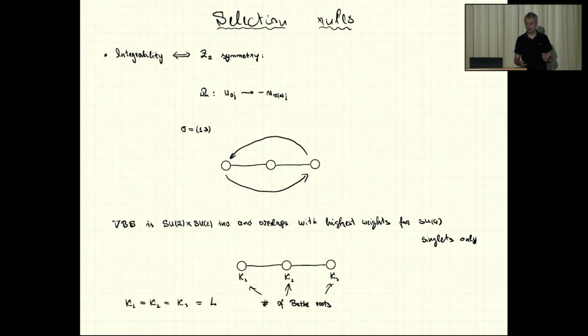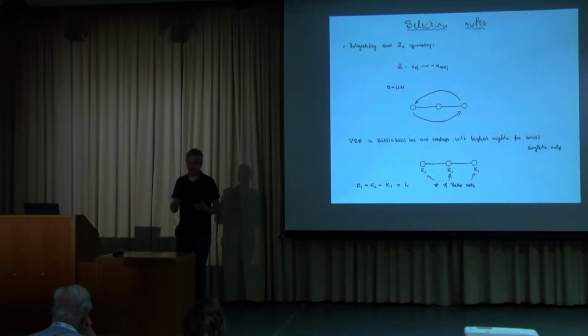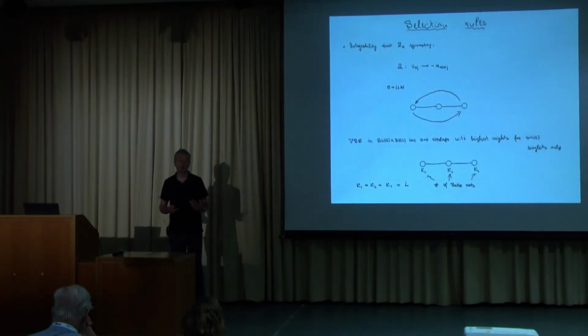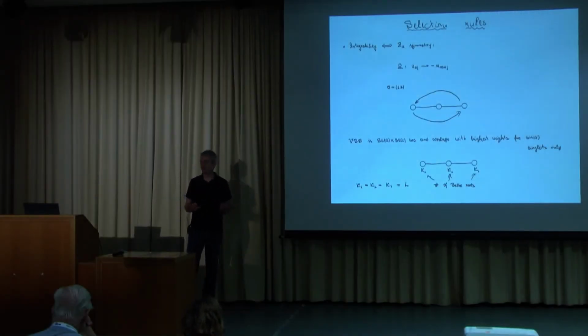And in particular, the overlaps of this type of states with Bethe eigenstates were found to have a very constrained form, and just by experimenting with many examples, it was shown that they always follow the same pattern.